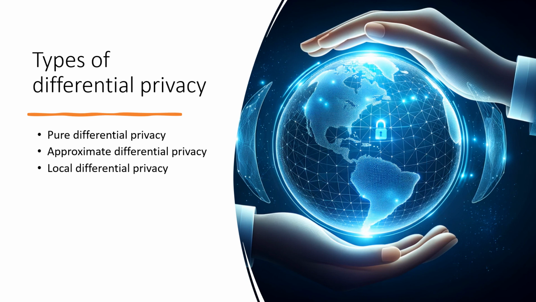So there you have it, the three main types of differential privacy. Each one has its own strengths and weaknesses, and the right choice depends on the specific needs of the situation.